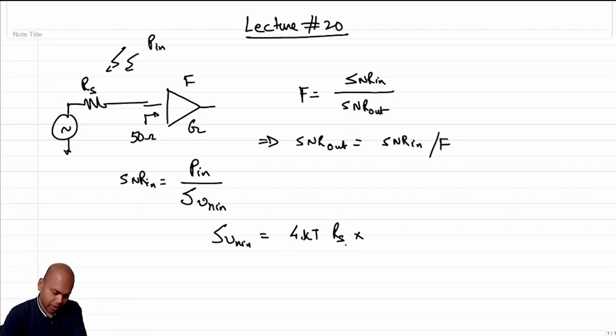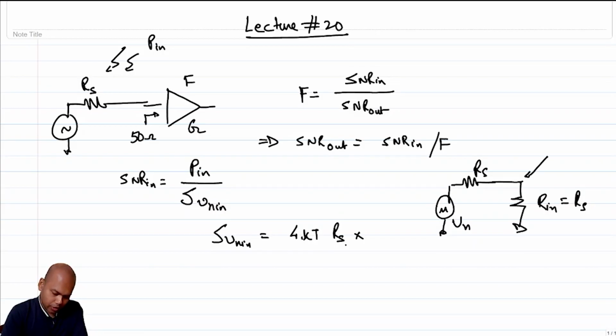To make it absolutely clear, if you have Rs here, and if your LNA antenna interface is matched, then this Rin is also equal to Rs under reflection match condition. Now this is Vn, this voltage is Vn over 2, right.